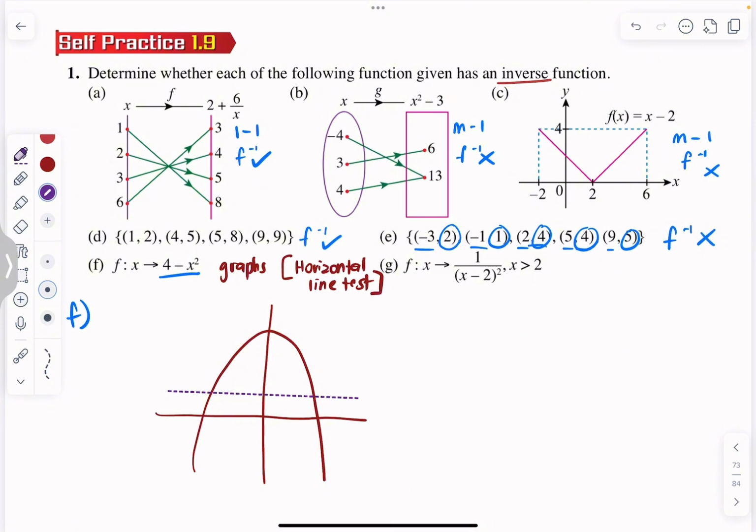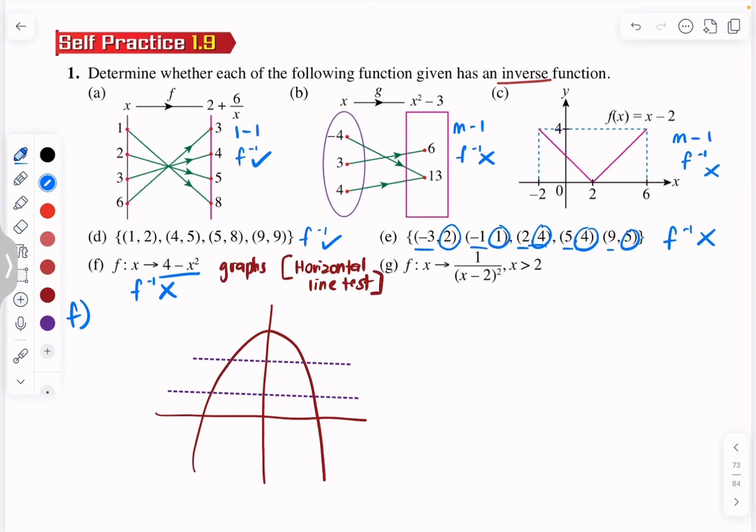If it cuts at more than one place, that means it does not have an inverse function. Here the horizontal line obviously cuts at 2 places. Here also it cuts at 2 places. So the inverse function will not exist, because it has failed the horizontal line test.